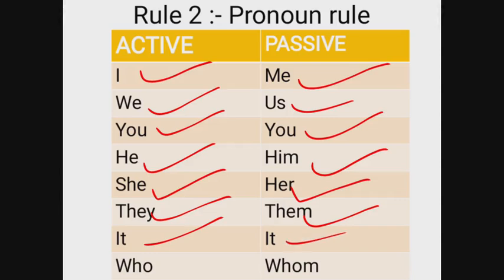And the last and not the least, if the subject is who, in the passive voice, it will change to whom. So all these ones that we just underlined here, they take the post of the object. They become the object in the passive voice after using your X rule.